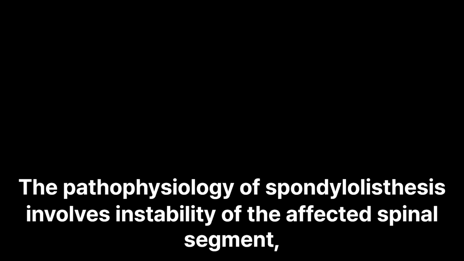The pathophysiology of spondylolisthesis involves instability of the affected spinal segment, leading to nerve compression and mechanical back pain. As the vertebra slips forward, the spinal canal and neural foramina narrow, resulting in nerve root irritation and radicular symptoms.